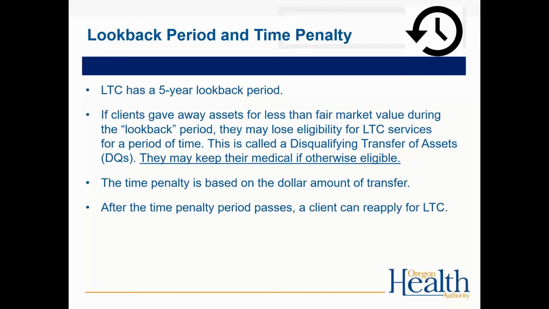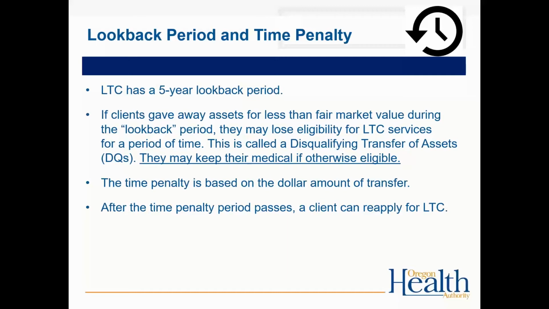We look back 5 years from the date they requested those services to see if they have transferred any of their assets for less than fair market value during that period. If they have, and it's determined that it was a disqualifying transfer, they may lose eligibility for long-term care services for a period of time.